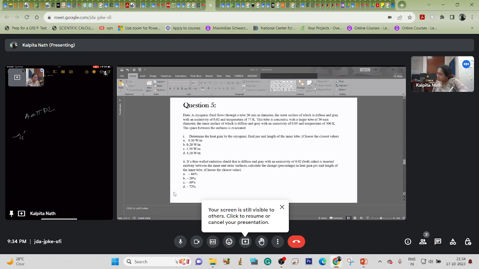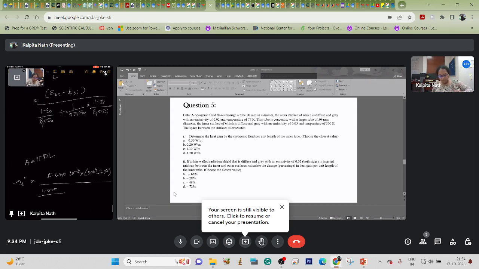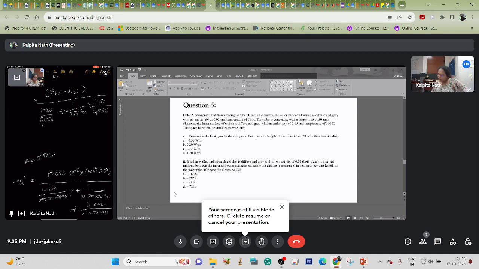So minus Q1 dash is equal to 5.67 times 10 to the power minus 8 times (300 to the power 4 minus 77 to the power 4) upon (1 minus 0.05) upon (0.05 pi times 50 times 10 to the power minus 3) plus 1 upon (pi times 20 times 10 to the power minus 3 times 1) plus (1 minus 0.02) upon (0.02 pi times 20 times 10 to the power minus 3), in meter inverse.